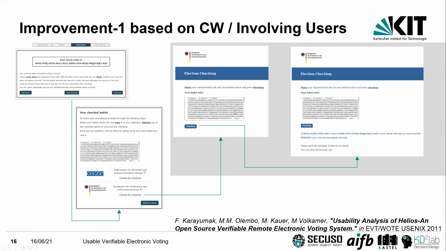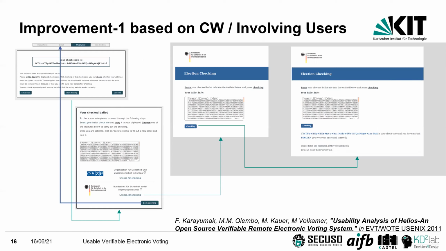And now it gets, and we will see this in the user study later on, a little bit tricky, because, okay, I'm convinced this vote was encrypted properly. However, the randomness is revealed, so I cannot cast this vote because otherwise secrecy would be violated.